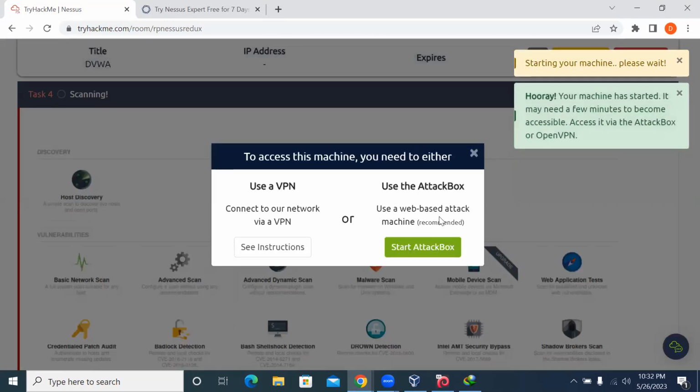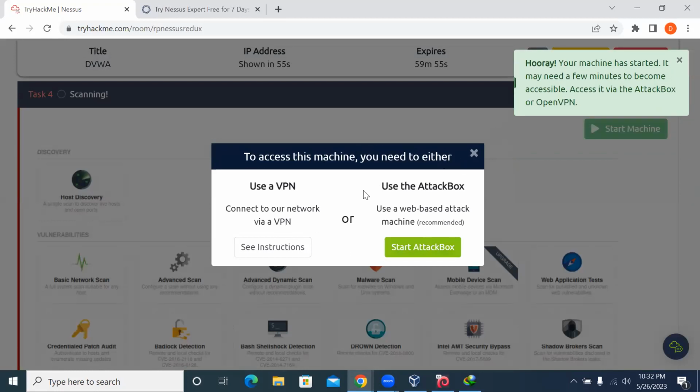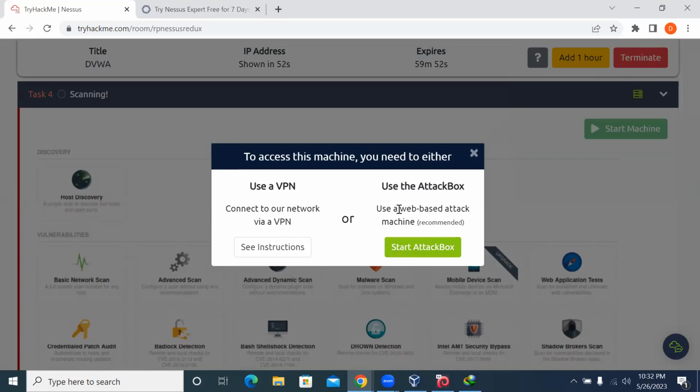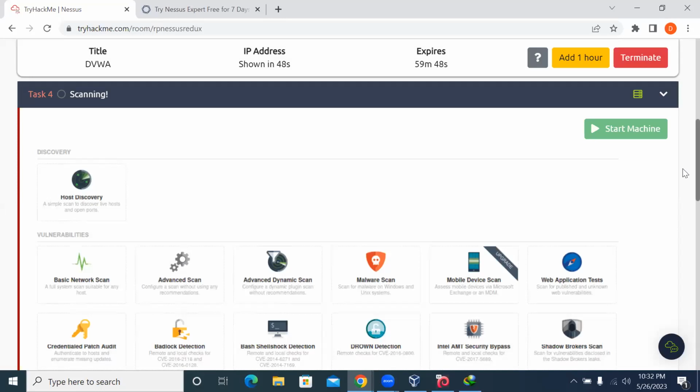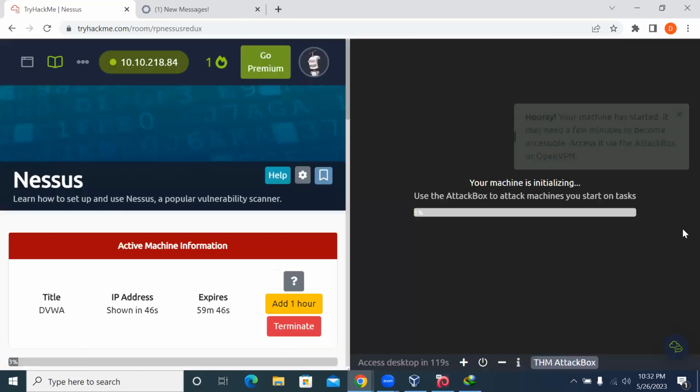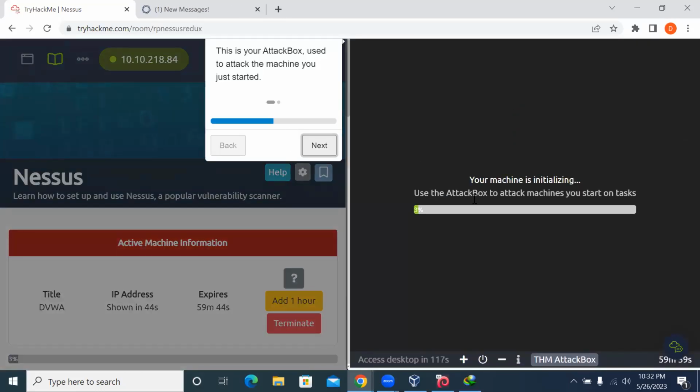This machine now has Nexus on it. Okay, they say I need either a VPN or something. Okay, let me use the AttackBox. Let's see. We are trying to use this box so that I can see how we can run Nexus and show us what it is like.